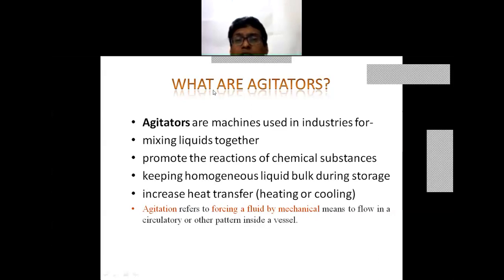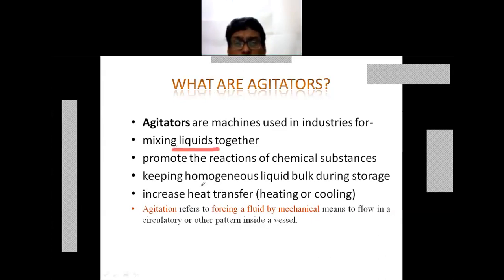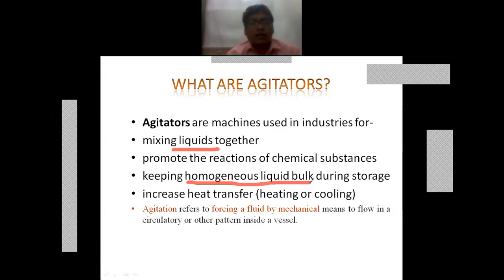That is the basic purpose of agitation generally: mixing liquids together, then keeping the homogenized liquid, for example in case of a suspension, where the fluid should be in a suspension form, in a slurry form.